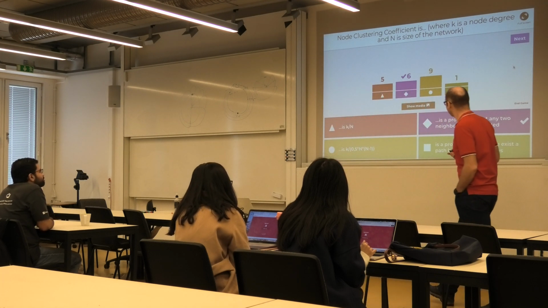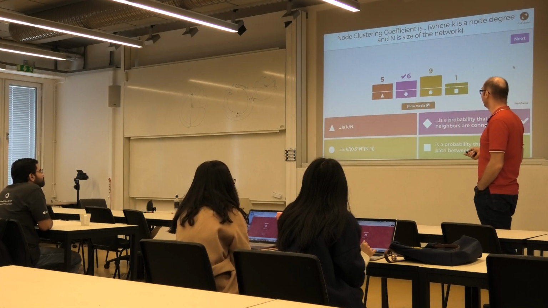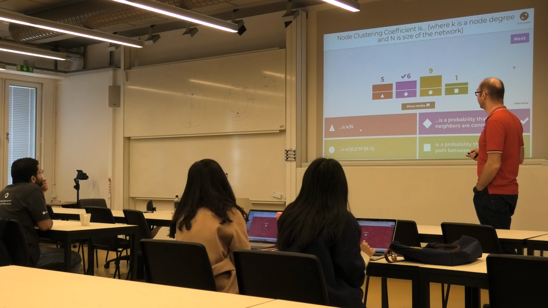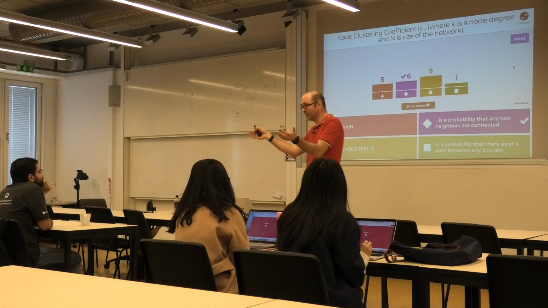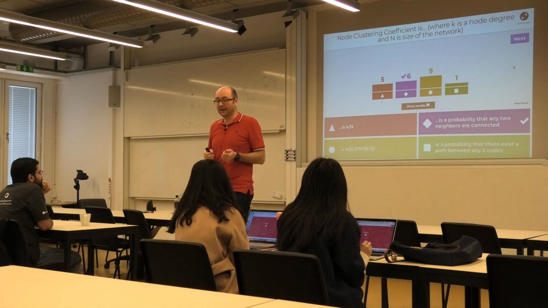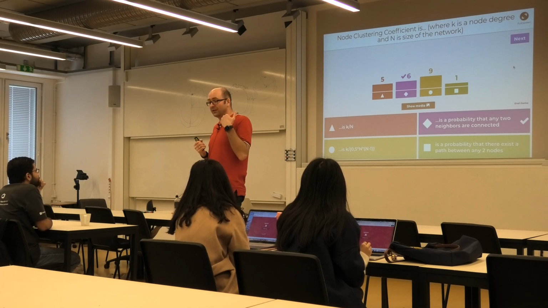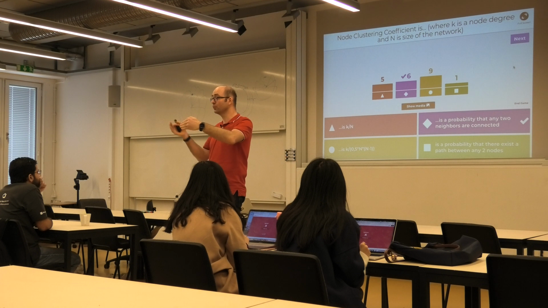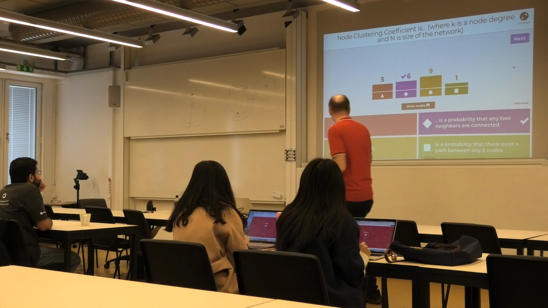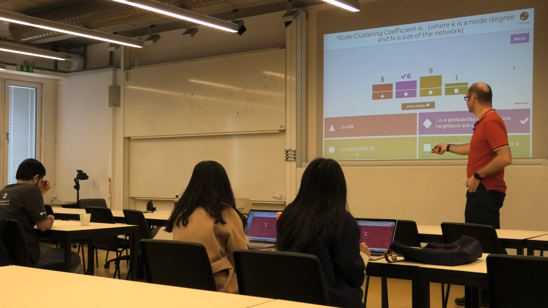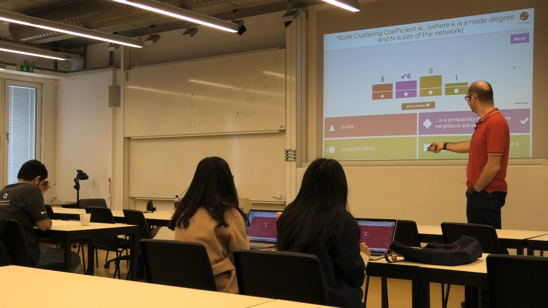If k is a node degree, and we divide node degree by n, first of all, clustering coefficient is, in a sense, what we discussed: the number of triangles in our vicinity. You see how many friendships exist among your friends, and you normalize it, or divide, by all possible friendships among your friends. And that was maybe a bit tricky, because it looked similar. I see that this got the most votes.